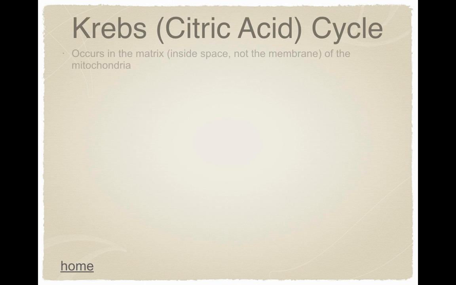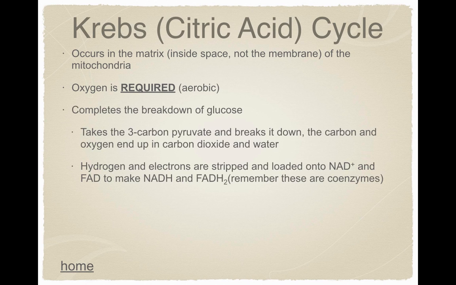Krebs cycle occurs in the matrix, or inside space. It's not the membrane of the mitochondria. Oxygen is required. It's considered aerobic. It completes that breakdown of glucose. So it takes those 3-carbon pyruvates and it breaks them down even further. The carbon and the oxygen end up in carbon dioxide and water.